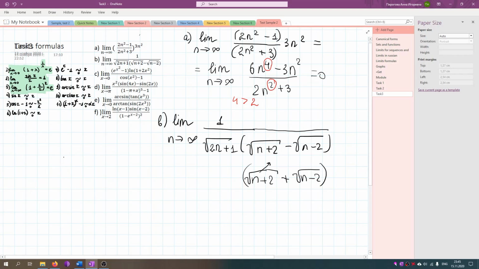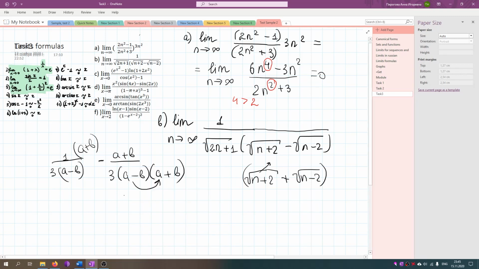Let's imagine you have a fraction like 3 over a minus b, and if you multiply it by a plus b, you will get a plus b in the numerator, and in the denominator you will have a minus b multiplied by a plus b. And that is a formula.